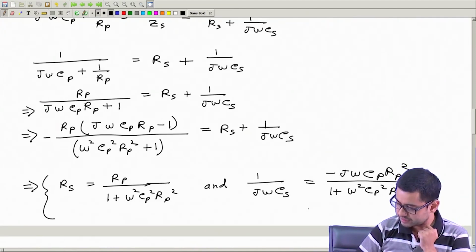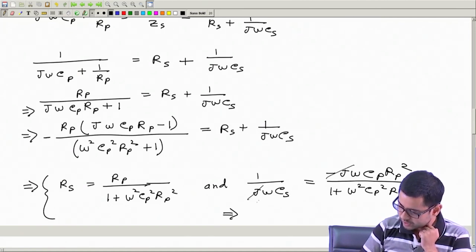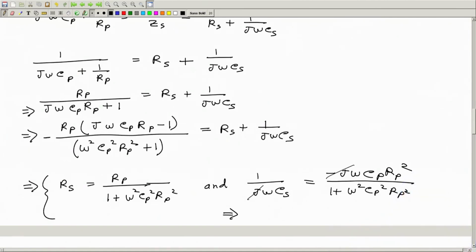Okay, and from this, 1 over j is the same as minus j. So then you can take omega from the left to the right side, and it becomes 1 over Cs is equal to omega square Cp Rp square whole divided by 1 plus omega square Cp square Rp square. Okay, so you can find the value of Cs.